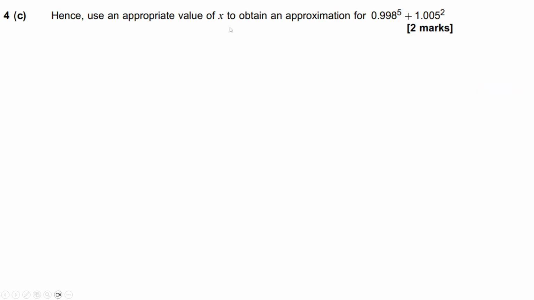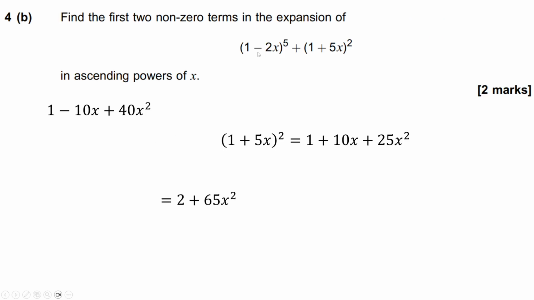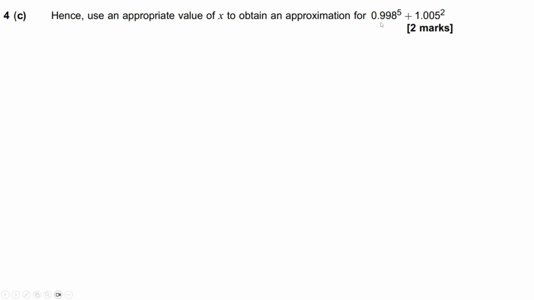Hence, use an appropriate value of x to obtain an approximation for this and that. We've got this for the first binomial that we got, and then this for the second one. Okay. Now, if you imagine inside of it, you're looking for what value of x you can actually have. I think this one here, what was it? It was 1 minus 2x. So if we say that 1 minus 2x equals 0.998, x would have to equal 0.001.